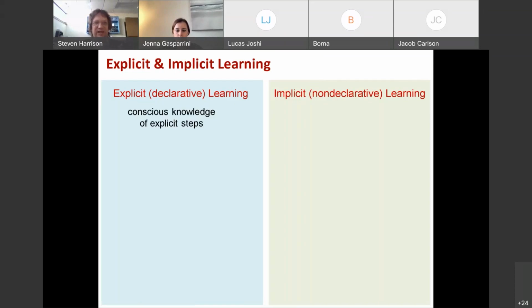But I'll explain the connection between them in a second. In explicit learning, what we're seeing is that people are obtaining conscious knowledge of explicit steps in performing an action. In implicit learning, what we're seeing is people retaining a motor skill. They're able to perform that action.